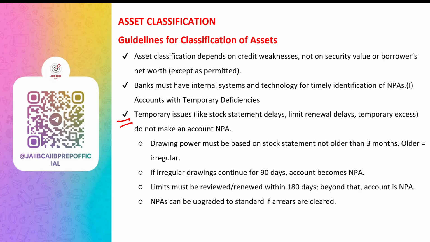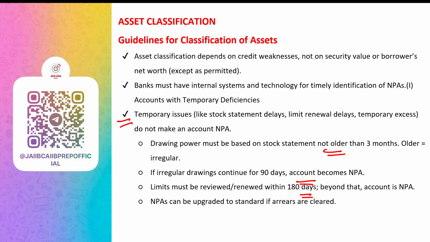In these cases, a loan should not be called a non-performing asset. However, if the stock statement remains older than 3 months, it becomes an irregular account. And if irregular drawings continue for 90 days, the account becomes a non-performing asset. If loan limits are not renewed within 180 days, it also becomes a non-performing asset.